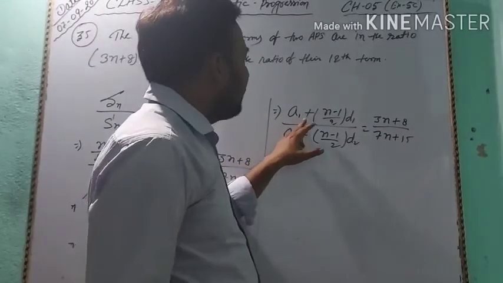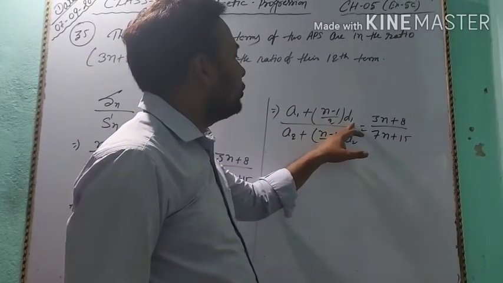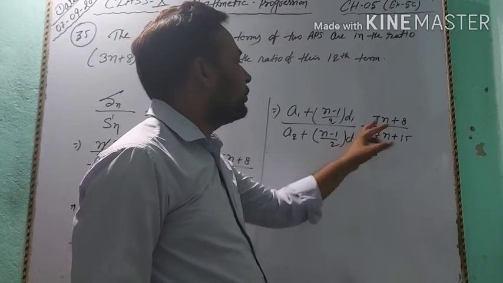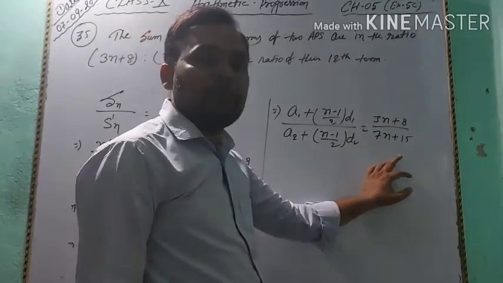Students, a1 plus n minus 1 by 2 into d1 by a2 plus n minus 1 by 2 into d2 equals 3n plus 8 by 7n plus 15.